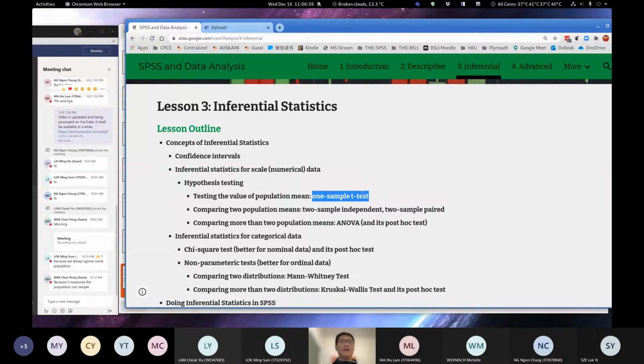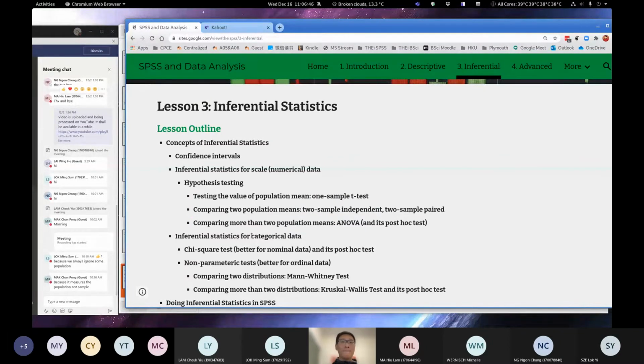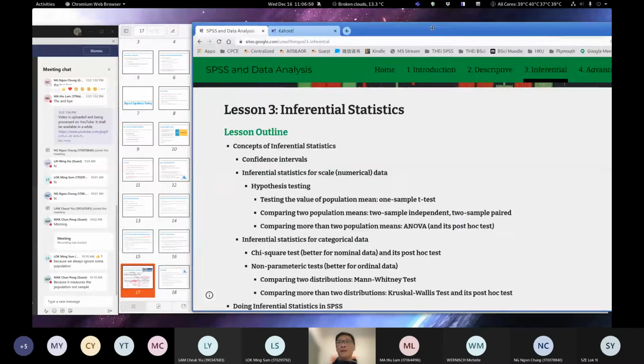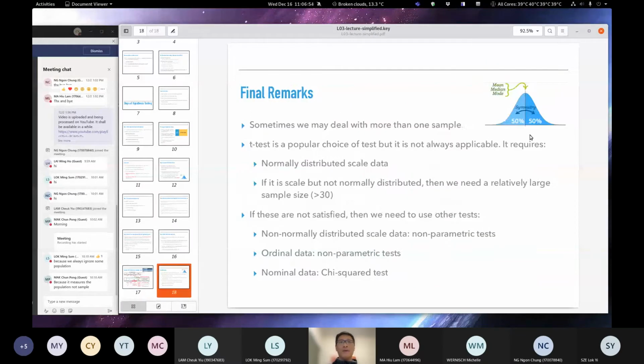But I have not yet talked about the other cases because I will leave that to the demonstration. And also, I will leave the categorical data to the demonstration. Now, before I take a break, I want to make some final remarks here.